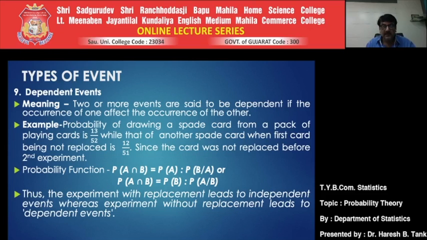Here again, as I said earlier, it will be a multiplication rule. Now it would be probability of A intersection B, meaning the probability of event A and event B occurring simultaneously, which is equal to probability of A multiplied by probability of B oblique A. Look, understand it.